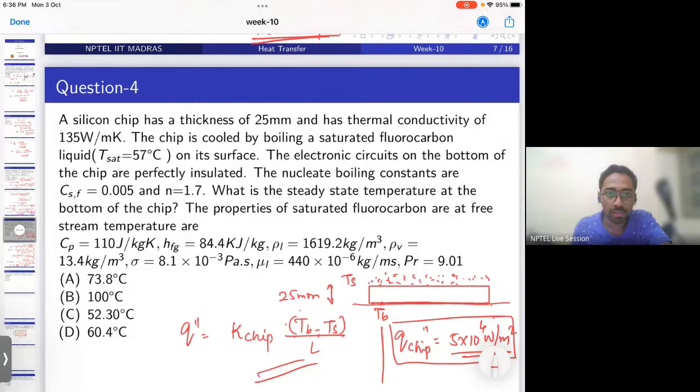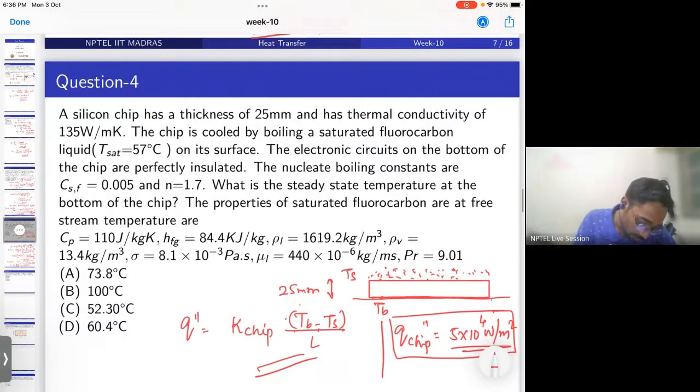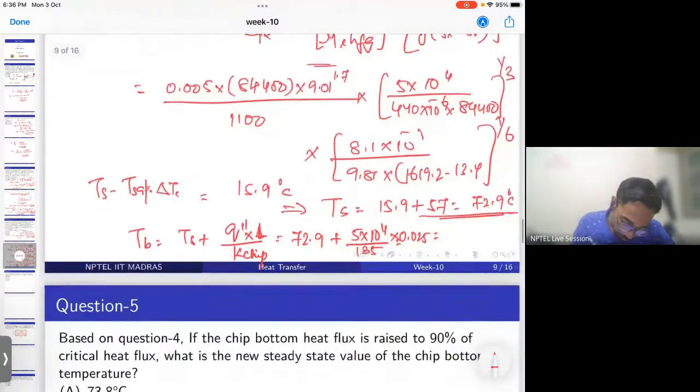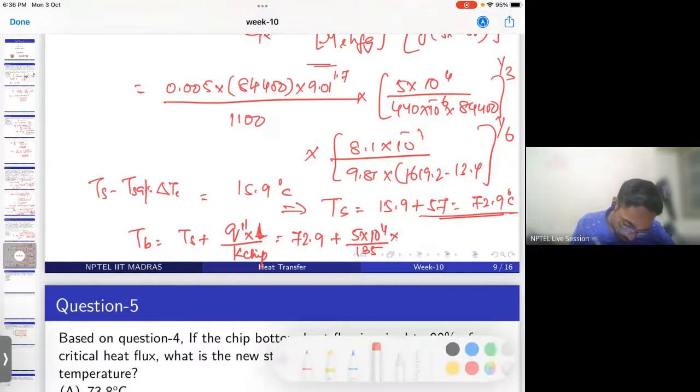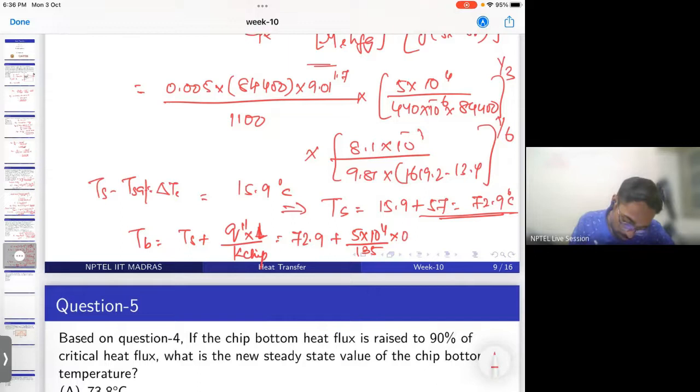Mostly it will be 2.5 mm, because we cannot see a chip of thickness 2 centimeter or 2.5 centimeter. So it will be 2.5 mm. If you substitute this, you will get the answer as 73.8 degrees Celsius. Okay, so this will be our answer.